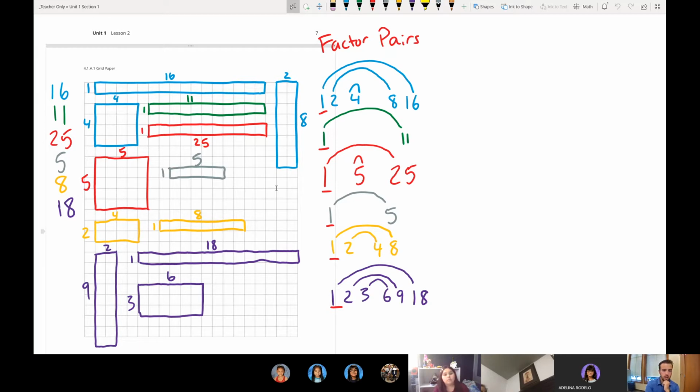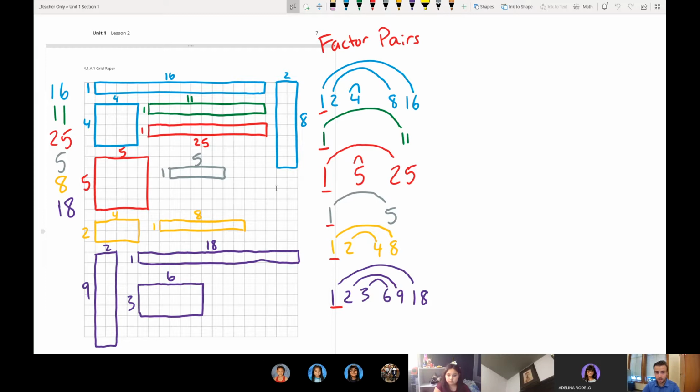There was no other, we couldn't try 2 times something to give us 5. That wouldn't work. 3 times something doesn't give us 5, at least whole numbers, right? So it is kind of strange that 11 and 5 only have that 1 rectangle that we can make. In fact, it's so interesting and important that we actually have a name for it.